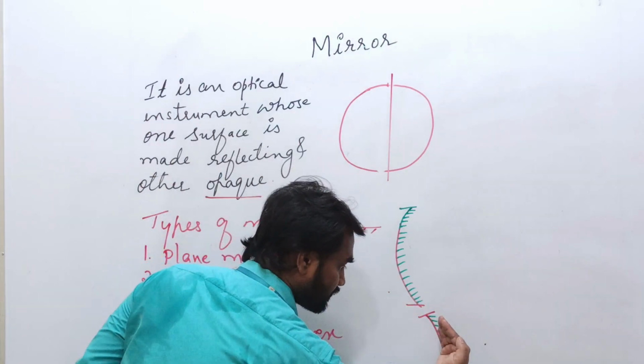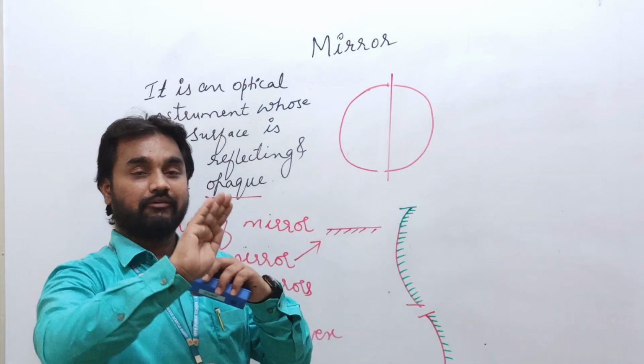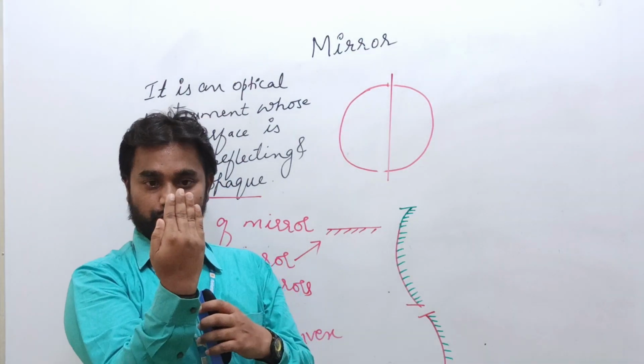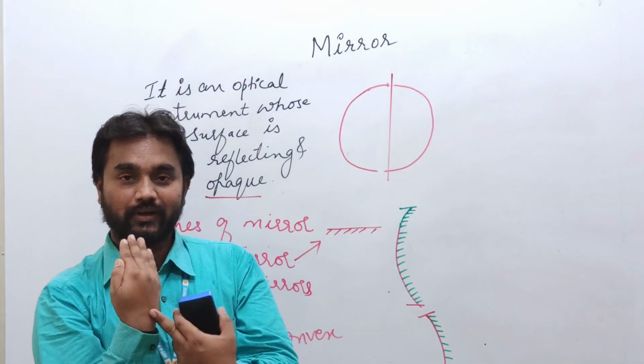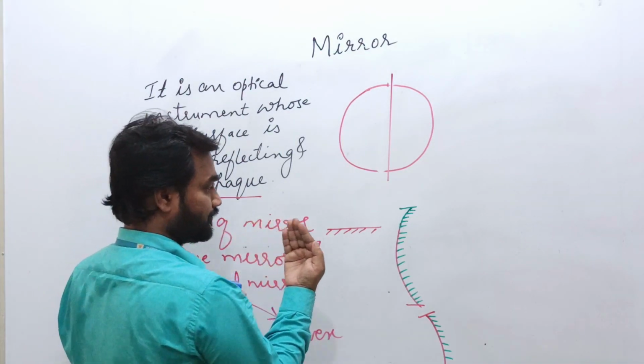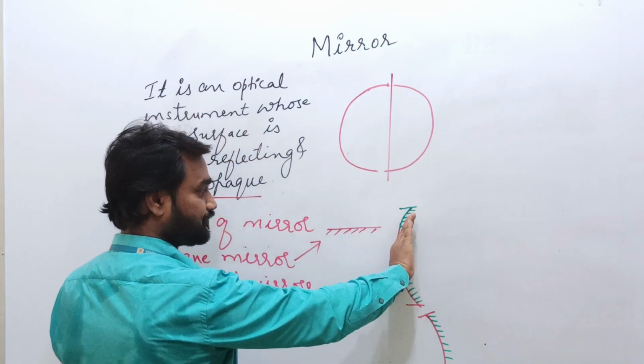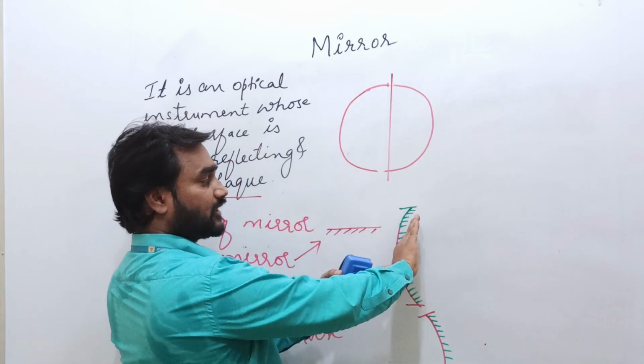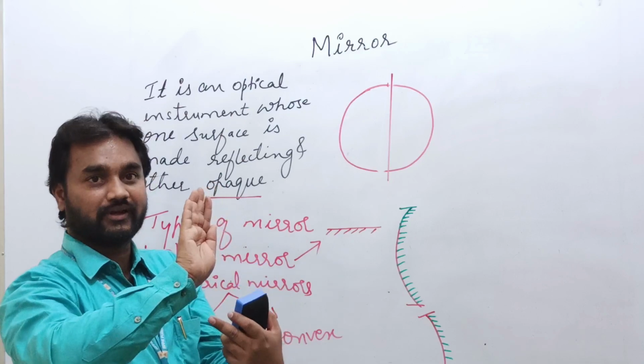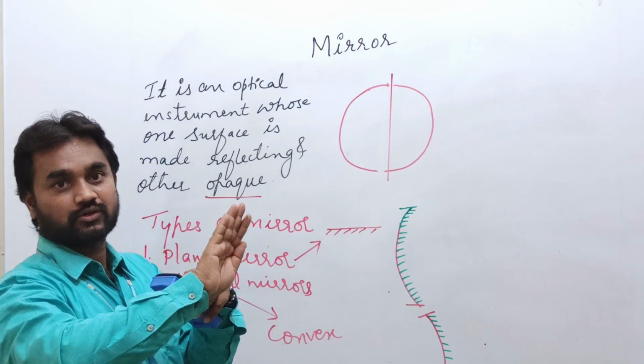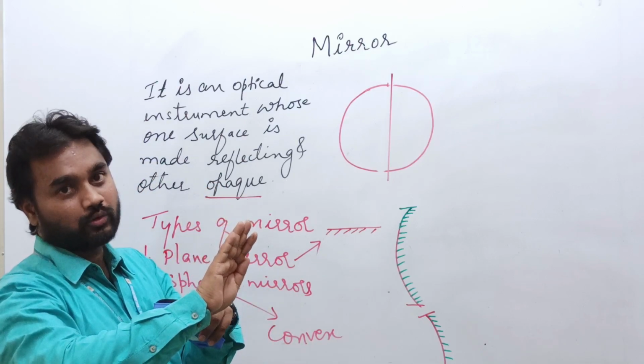And if I show you like this, now this one is curved outwards. So this acts as the reflecting surface and this acts as the non-reflecting surface, and this is called a convex mirror.